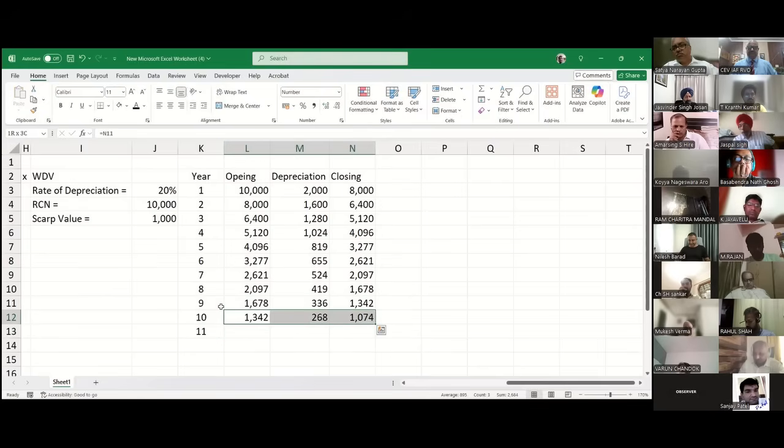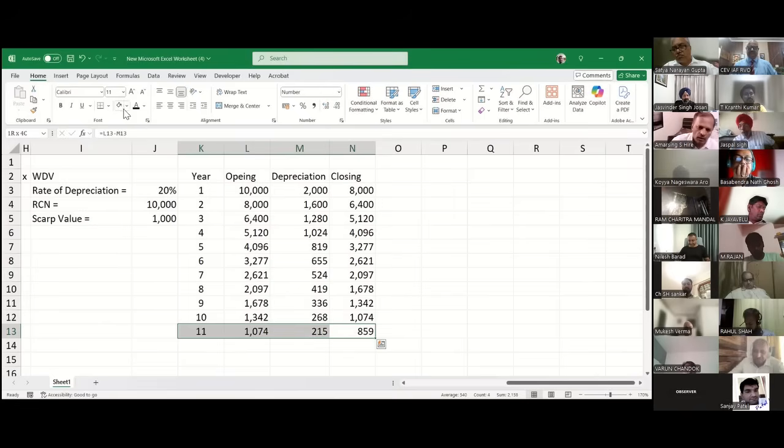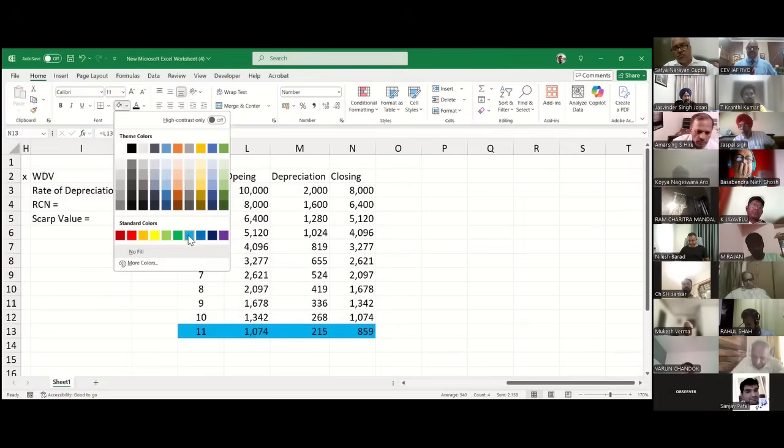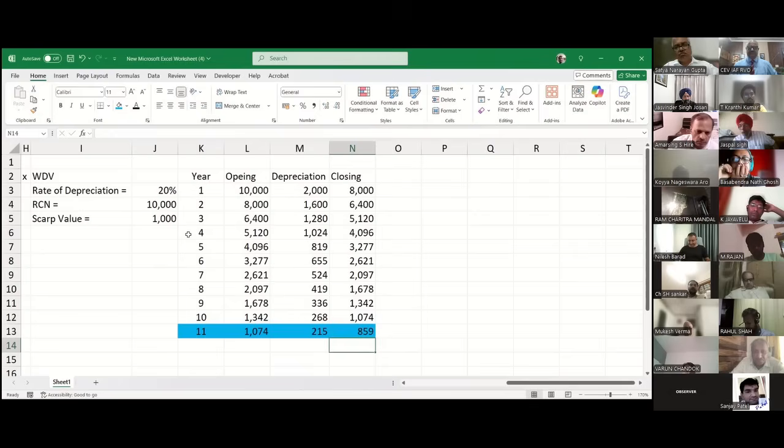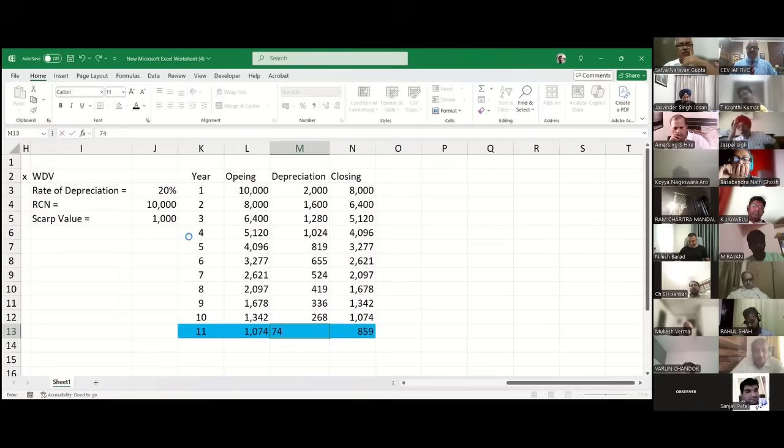Okay, what will be the depreciation of the 11th year? How much will the depreciation for the 11th year be? It would be $215. But depreciation for the 11th year will be only 74 rupees, because you have achieved the scrap value.